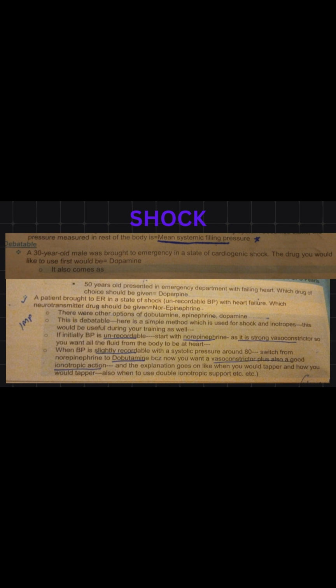When BP is slightly recordable with systolic pressure around 80, switch from norepinephrine to dobutamine because now you want a vasoconstrictor plus also a good inotropic action, and the explanation goes on like when you would taper and how you would taper. Also when to use double inotropic support, etc. So you're going to start with norepinephrine when the blood pressure is unrecordable, and then you are going to give dobutamine.